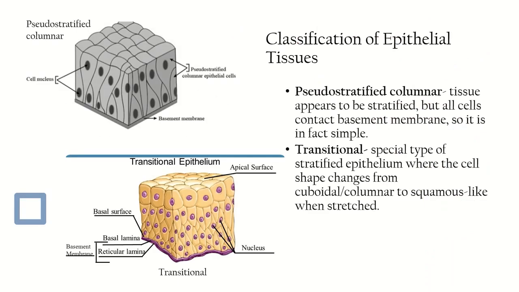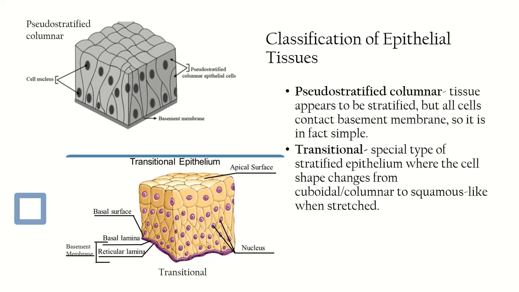In the classification of these epithelial cells and tissues, there are pseudostratified columnar cells. They're stratified in the sense that they're kind of stacked on top of each other, but not really. They're kind of squished together, but they're also columnar, so they look like columns.